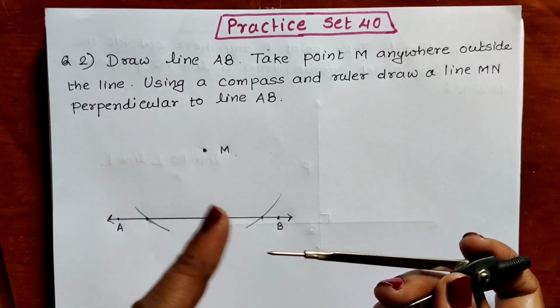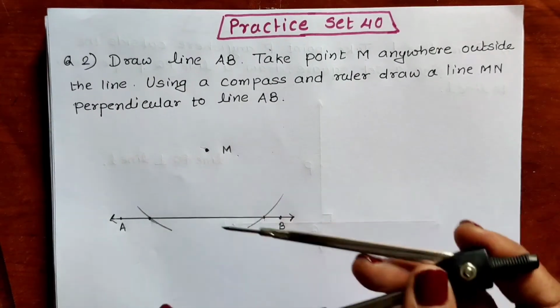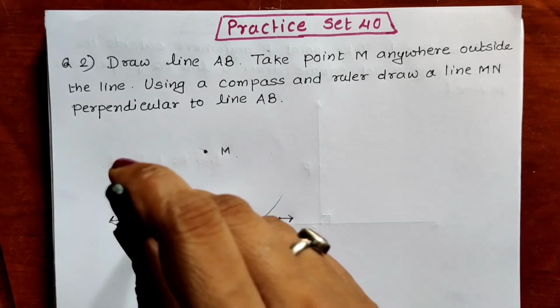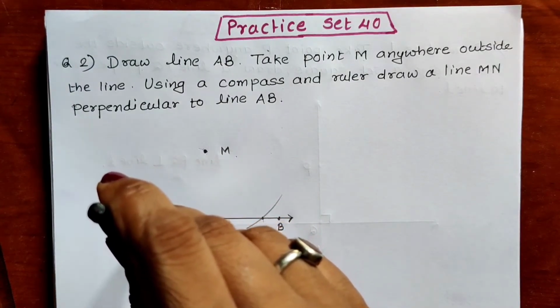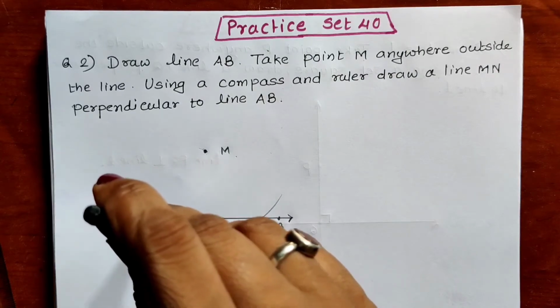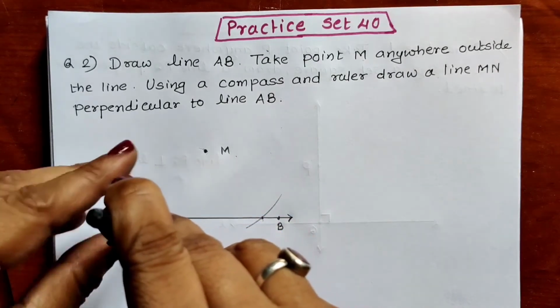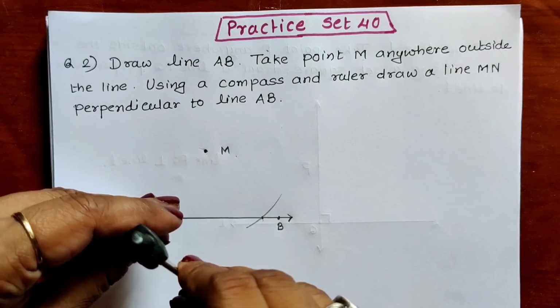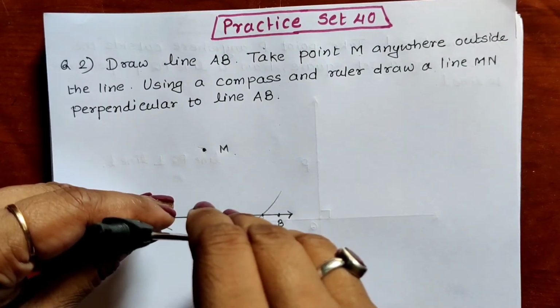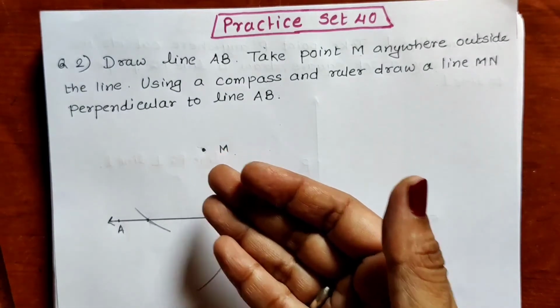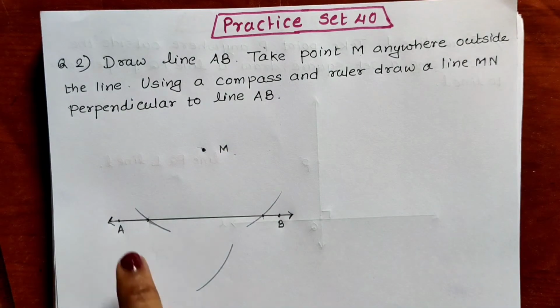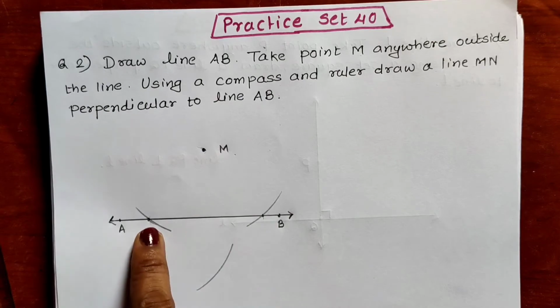I have to place the compass point on this point properly, very carefully, and then draw one arc in the downward direction. Okay, we don't have to draw in the upward direction because in the upward direction we have taken our point. So we have drawn one arc in the downward direction from this point.